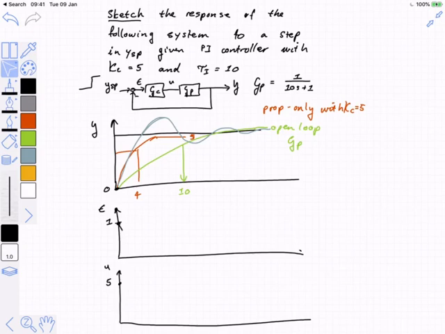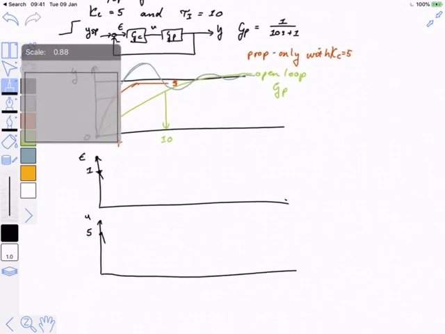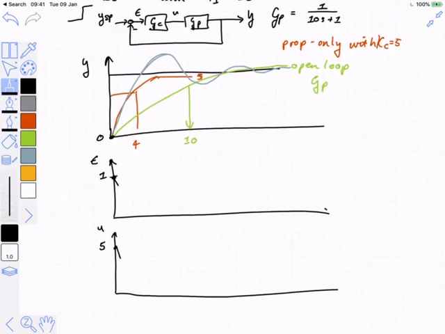And as the error goes down, U goes down as well. But remember now, I'm starting to catch up with the integral part. And so very quickly, I'll start taking more action than the proportional controller would have taken at that time.